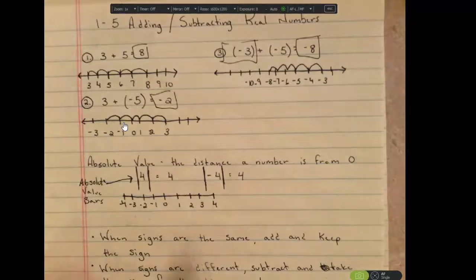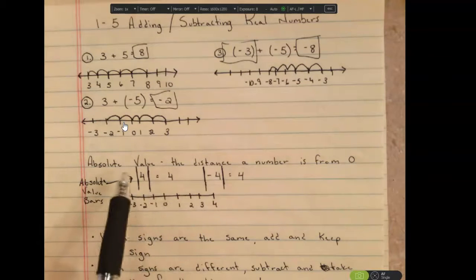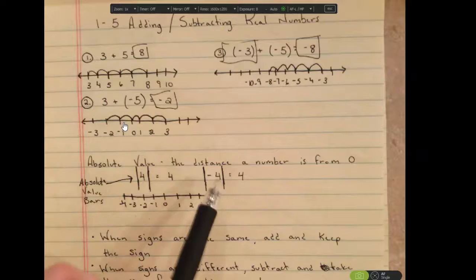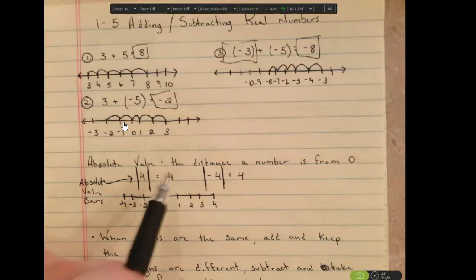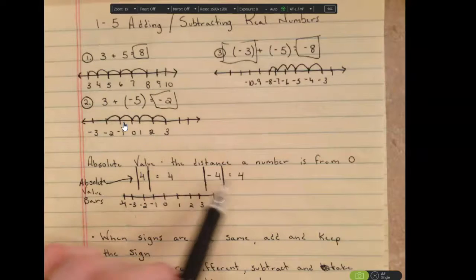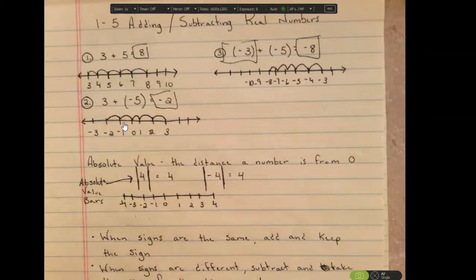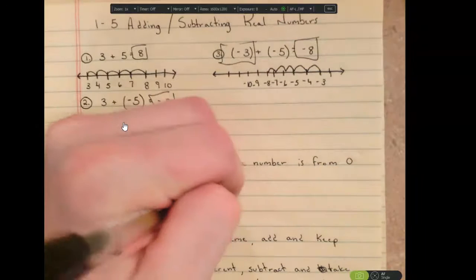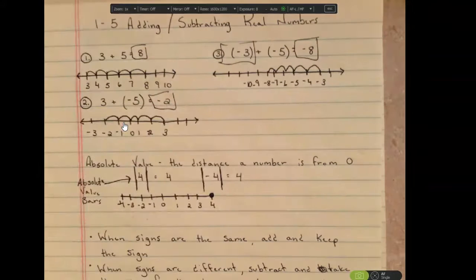So why is this? How come I'm getting 4 for both of these answers even though they're different? One's a positive and one's a negative. Well, that's because, guys, of that definition: the distance a number is from 0. If I were to pinpoint 4 on my number line, how far is 4 from 0?